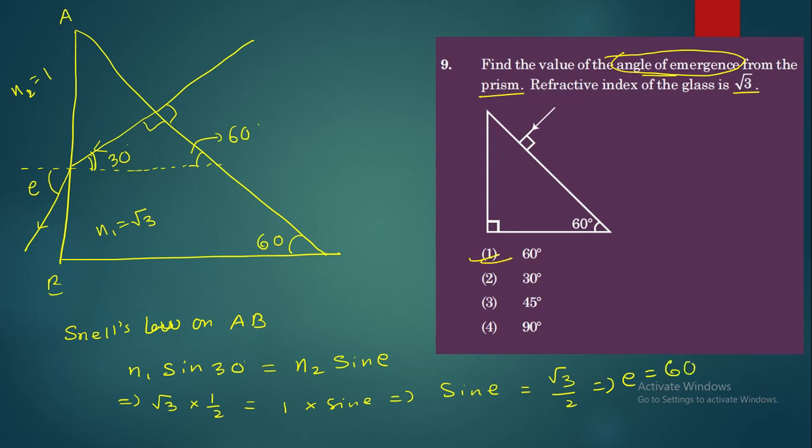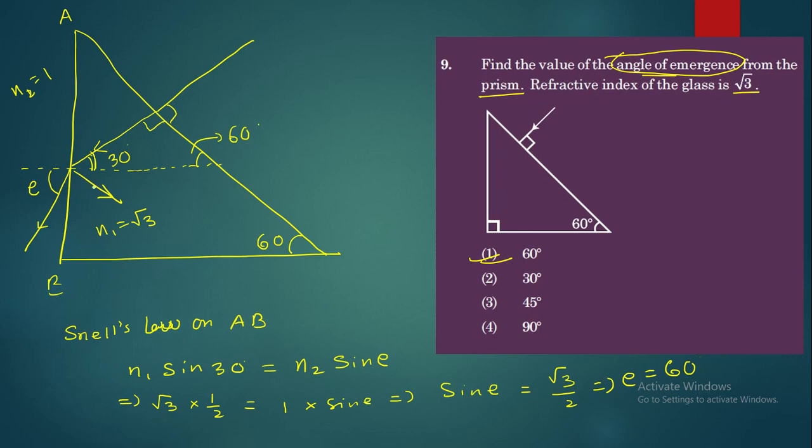One more important thing in this calculation that I have skipped, which we should have done, is checking whether the light will transfer into the other medium or reflect back into the medium, because when the light strikes AB, the light may reflect back into the medium if the angle of incidence was more than the critical angle of the medium.